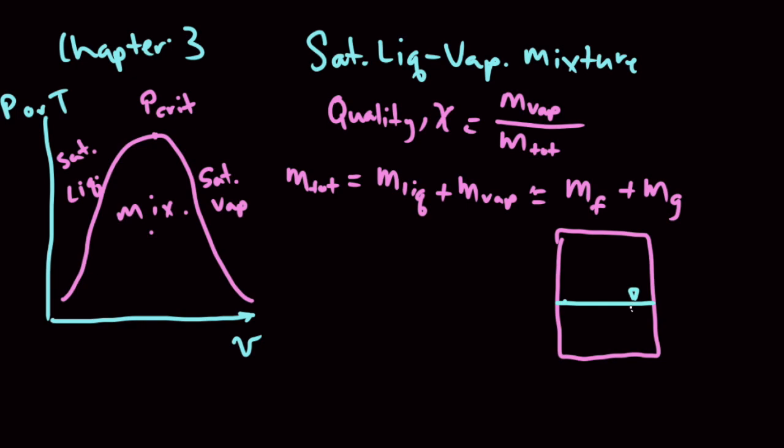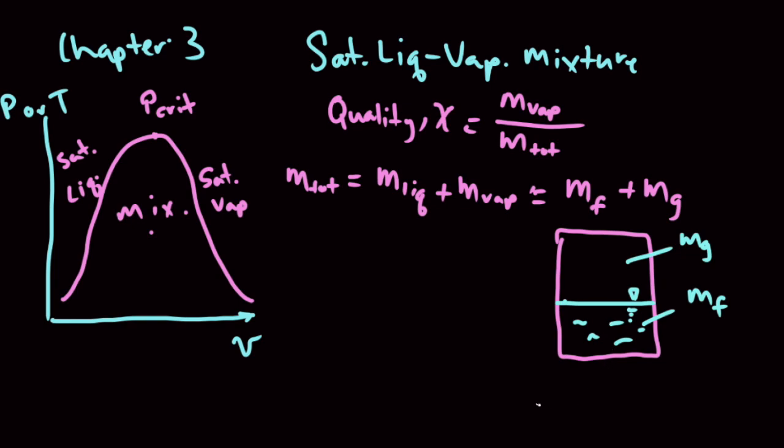Let me have a little triangle here signifying there's liquid in here. And so we can just say this is the mass of the saturated liquid. And over here the gas is the mass of the saturated vapor, m sub g. And so that's what we meant.